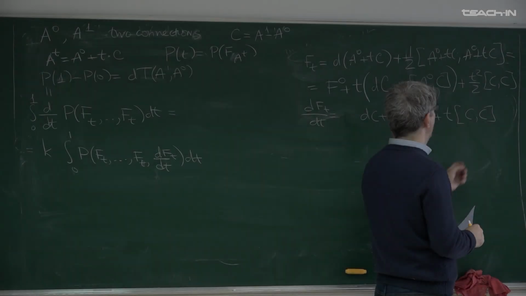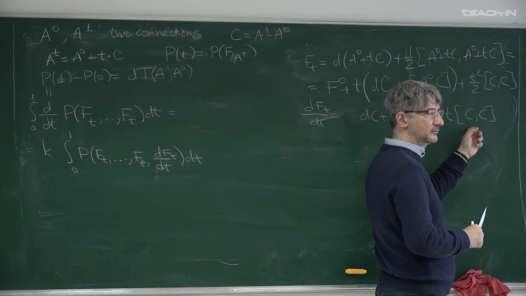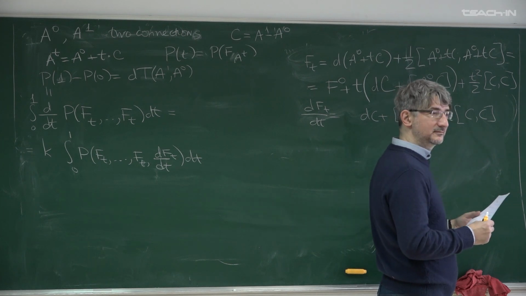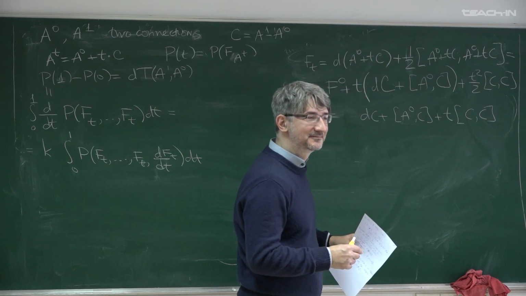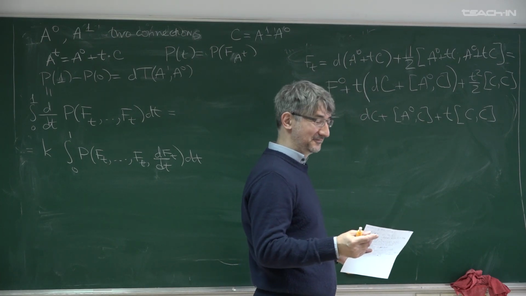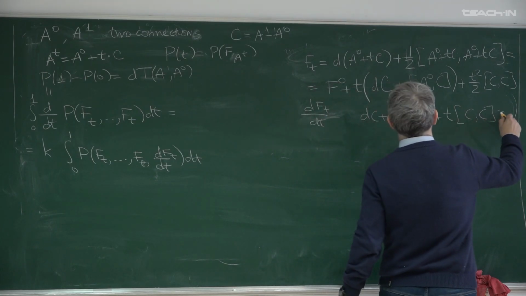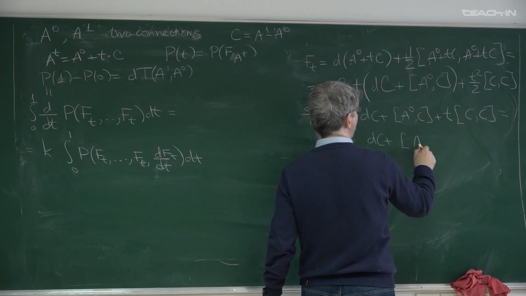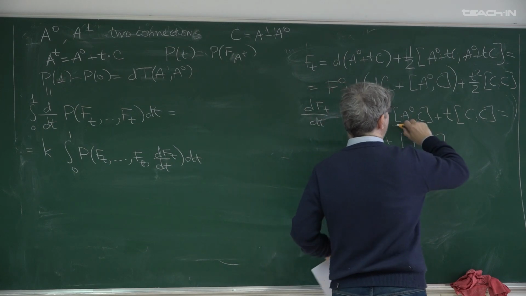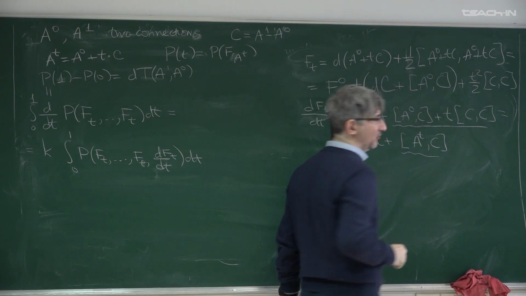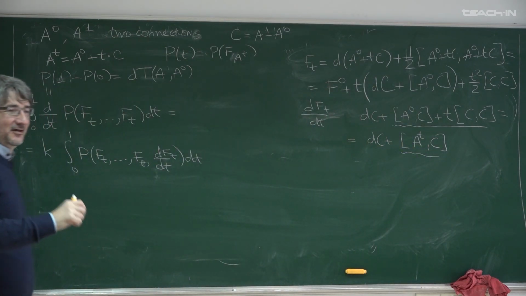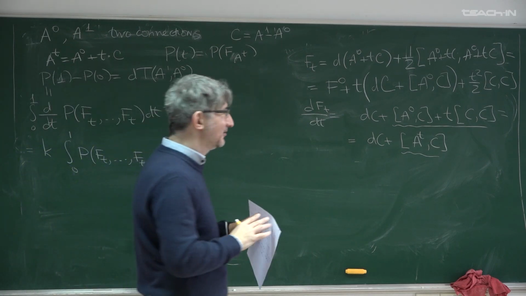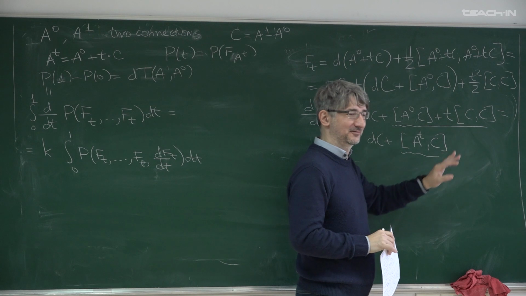What can you say about this term? No, it is not 0, it is matrices. The surprise is here. This is dc plus the commutator of at with c, because these two terms give you this one. I had the hope that this term cancels, but not.